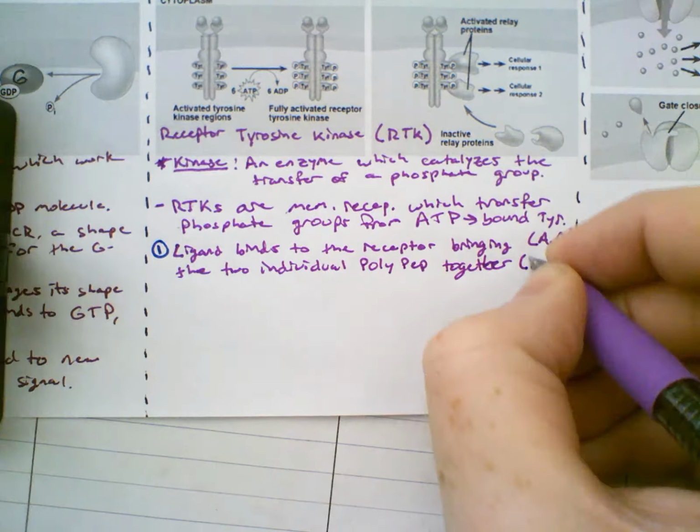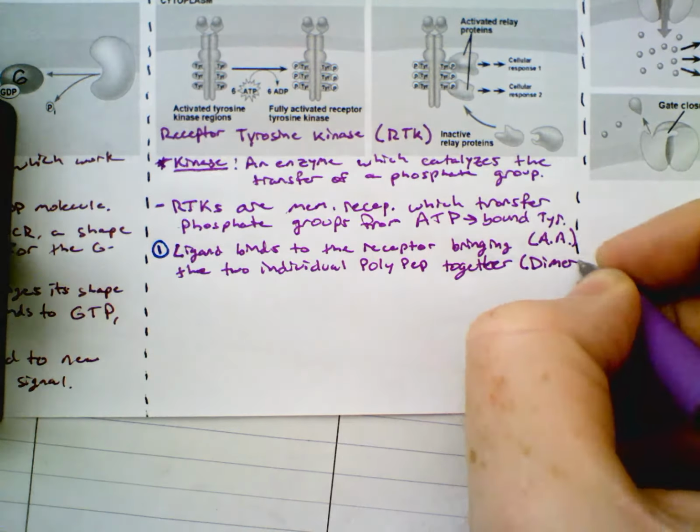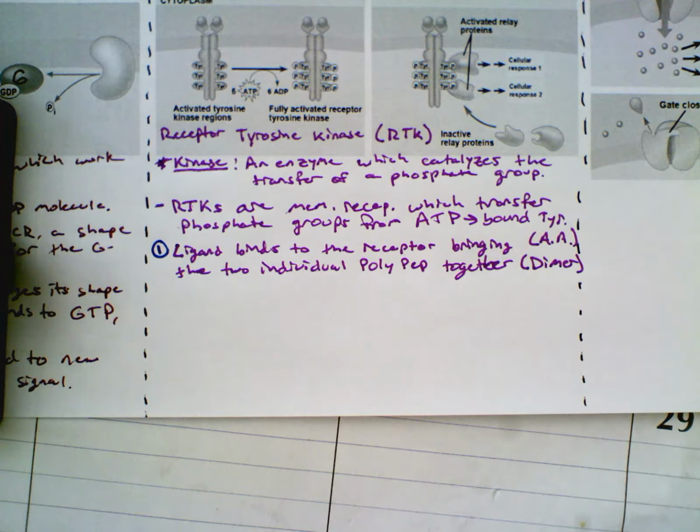And this forms what's called a dimer. A dimer is just whenever we have these two individual proteins come together and form one overall protein.